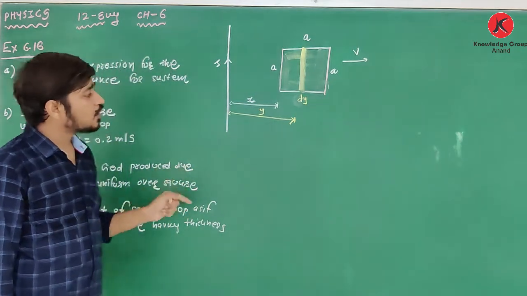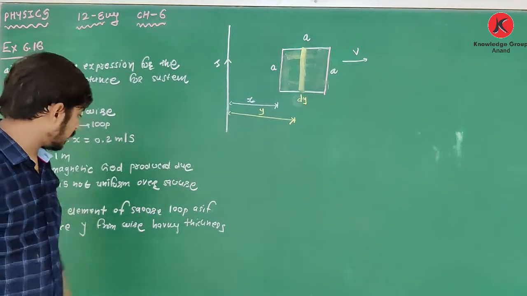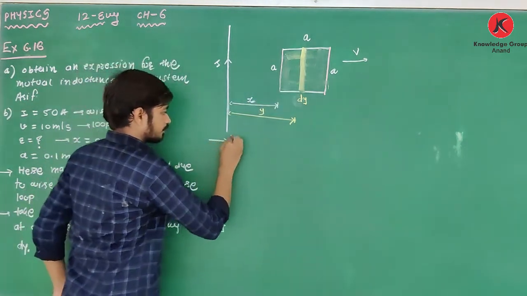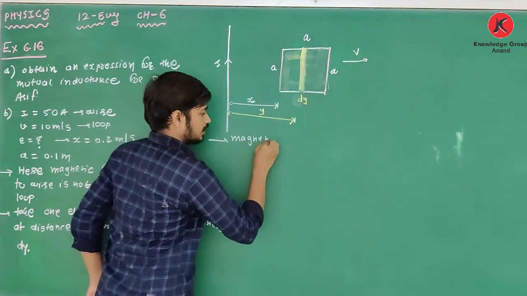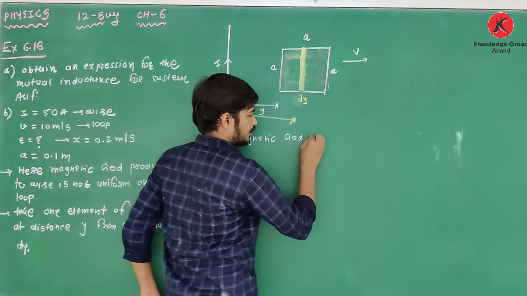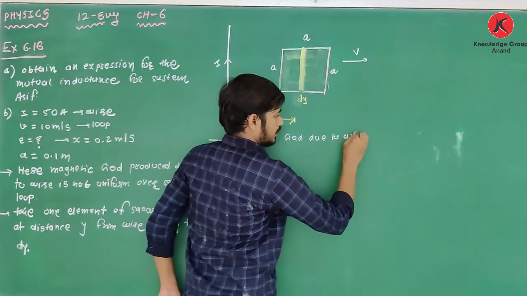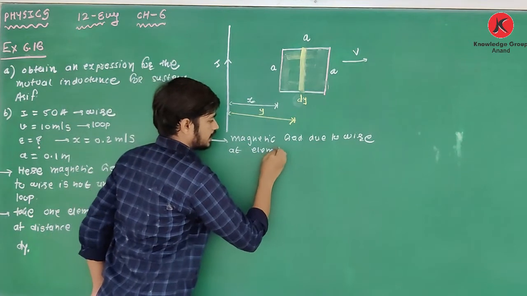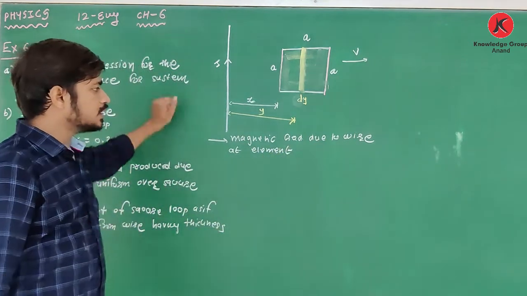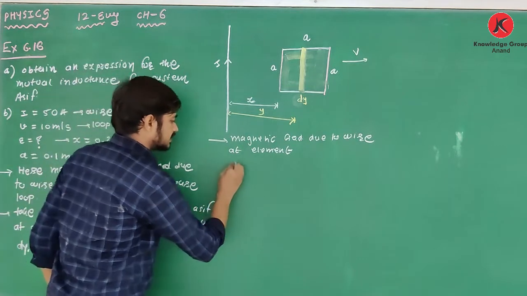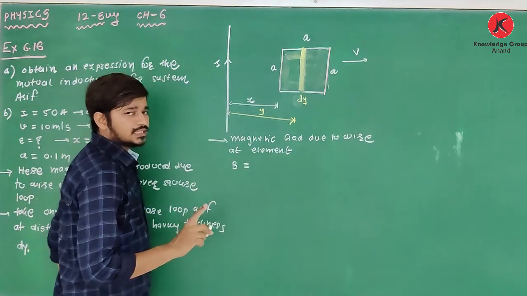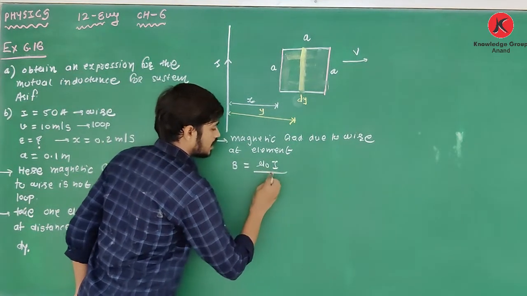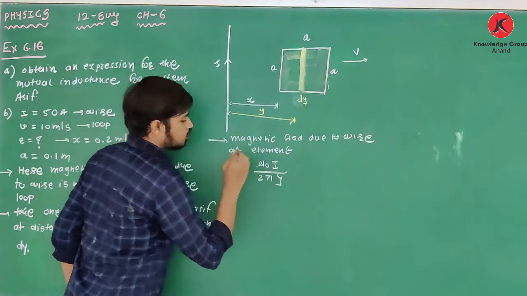So first of all, I have to find what is the magnetic field at this element. The magnetic field due to the wire at the element, that is B, is equal to mu 0 I upon 2 pi y.